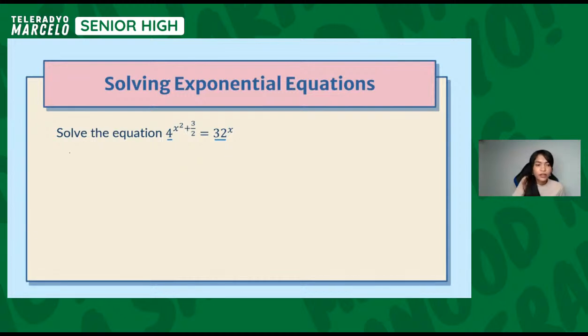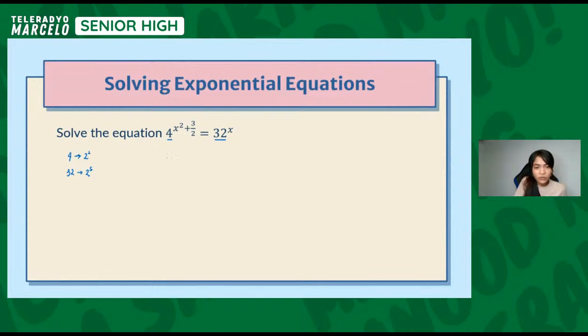So we know that 4 can also be written as 2 squared. 32 can also be written as 2 raised to 5. So in this case, we can have a common base for these bases.